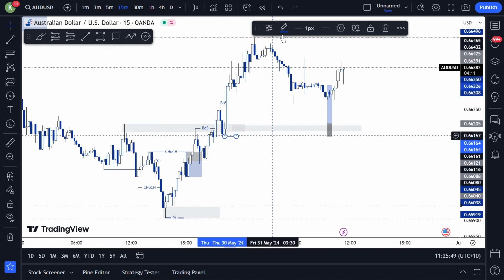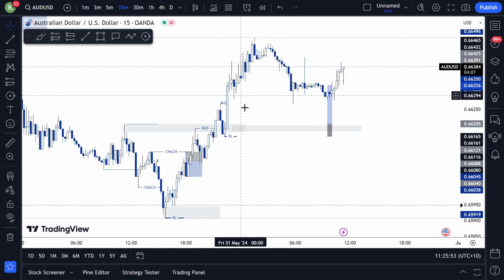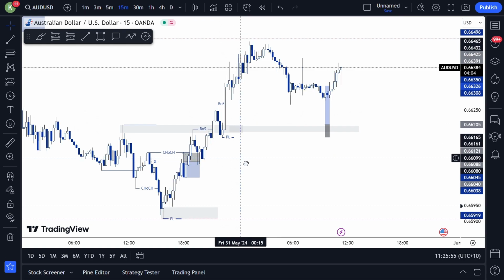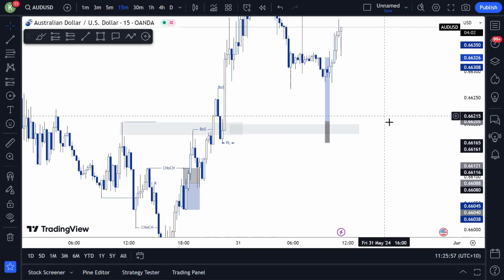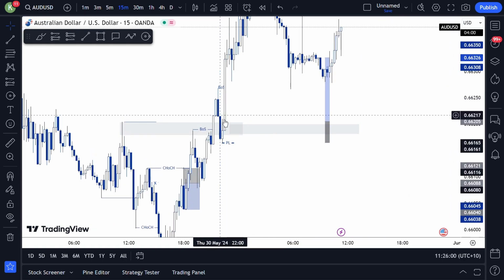Okay, so we're going to be looking for trades within this piece of structure, and there's not a whole lot, right? So you can either try and take a trade off this 15-minute zone, but that's a bit too big for our plan.